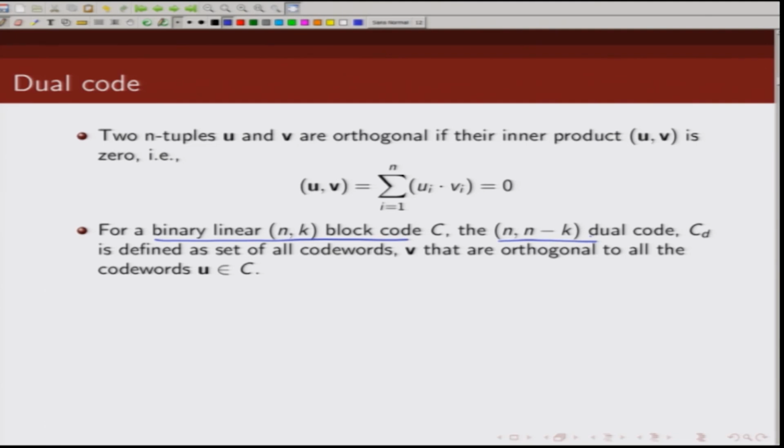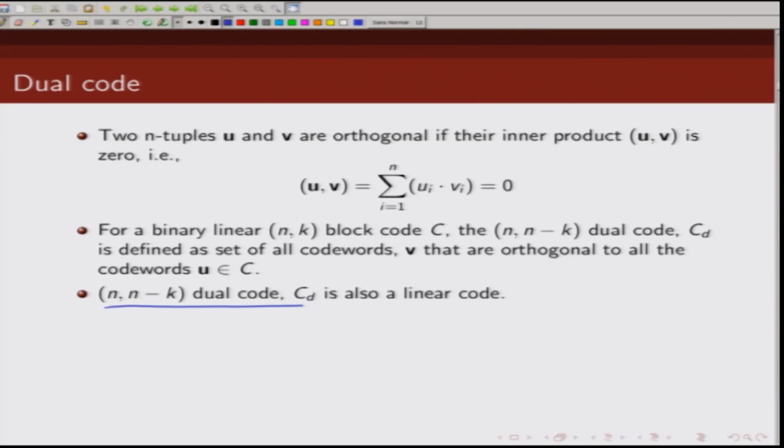A dual code is defined such that its set of code words v are orthogonal to the set of code words of the original code C. So if v is a code word which belongs to the dual of a code C, then v would be orthogonal to code words u which belong to the original code C.